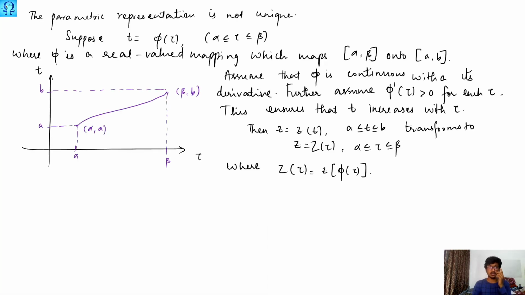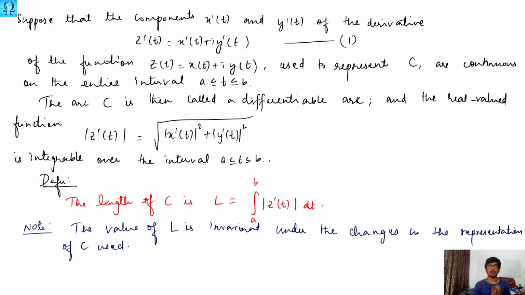That is, we have just stated that the parametric representation is not unique, which means we may give several parametric representations to a particular curve. In whatever representation you do this differentiation and calculate this L value, that doesn't matter. Whatever representation you use to calculate the value of L, it remains the same in all possible parameterizations. That is what we have stated.